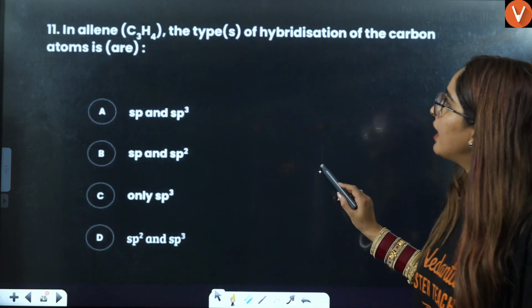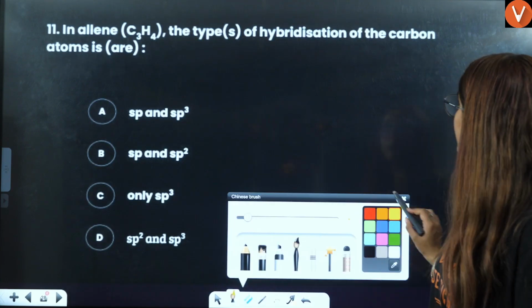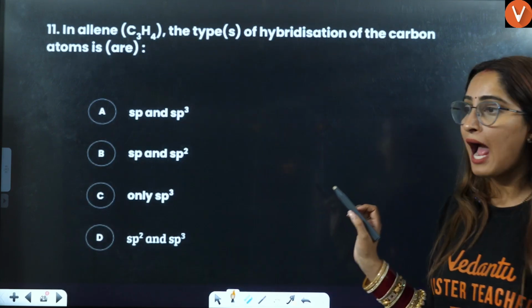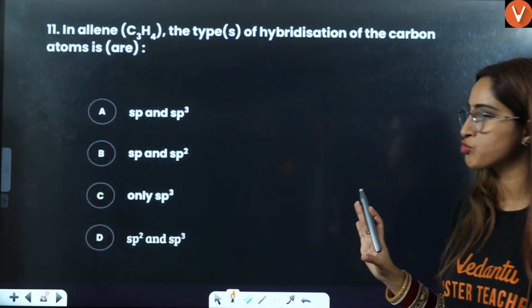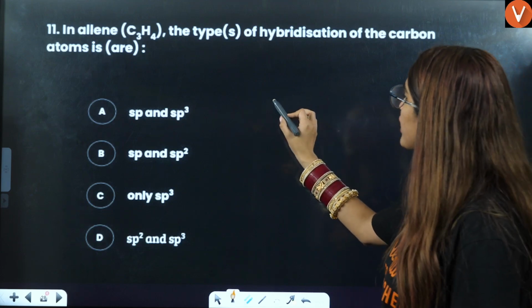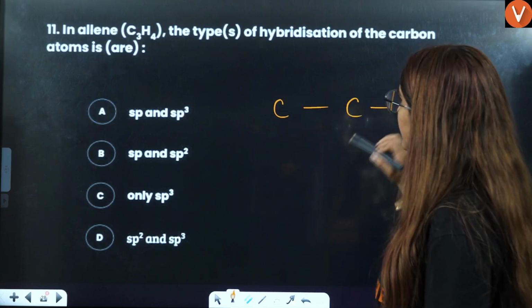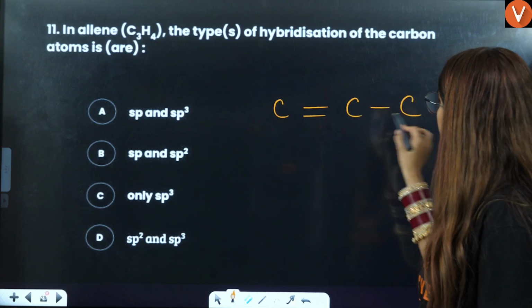Next is, in allene, the type of hybridization of carbon atom is. You are supposed to tell the hybridization of the carbon atoms.